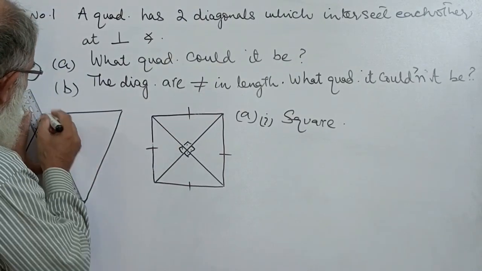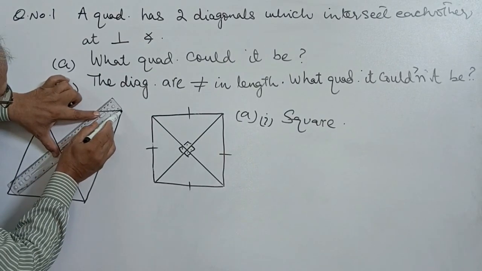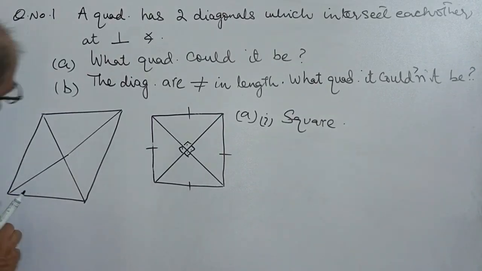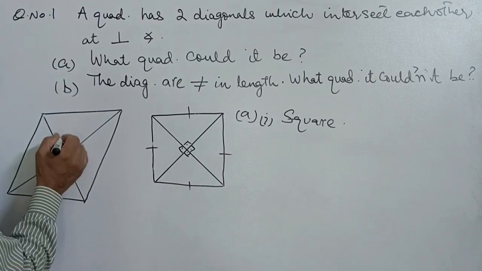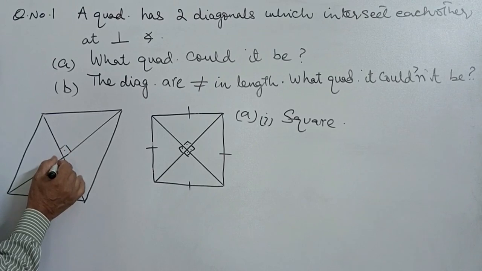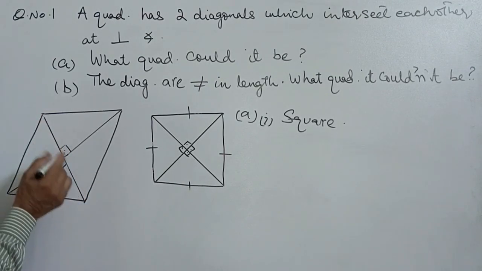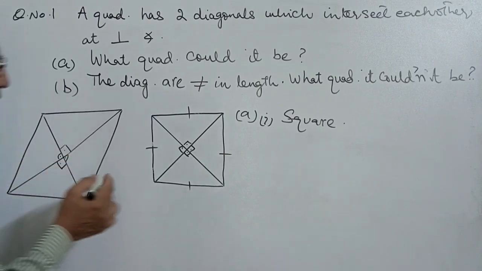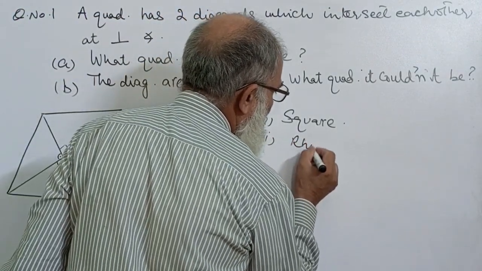If I press it towards one side, this was square and this is rhombus. And when you make again the diagonals, it will be 90 degree. When one is 90 degree, ultimately the second one should also be 90 degree. So all the four are 90 degree. So I can write here as rhombus also.